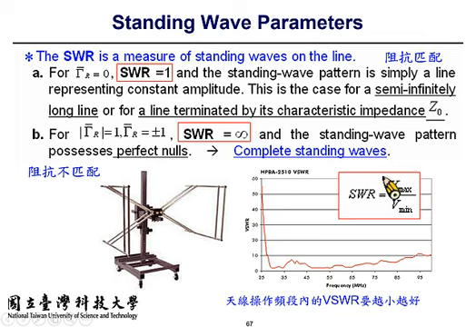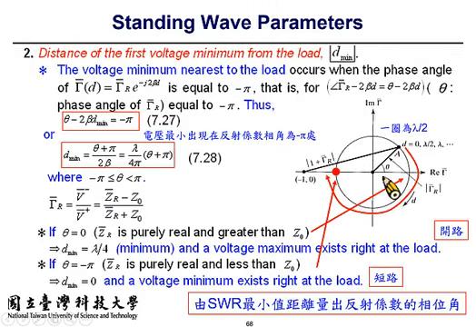Okay, so that's one application of the standing wave ratio. The second parameter we would like to find from the transmission line test is the distance of the first voltage minimum from the load. What is the purpose of this test?